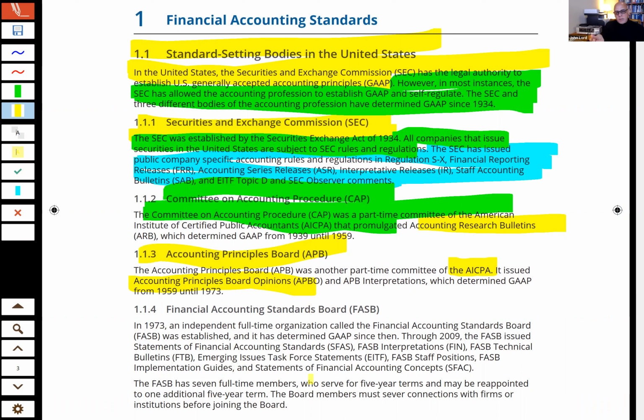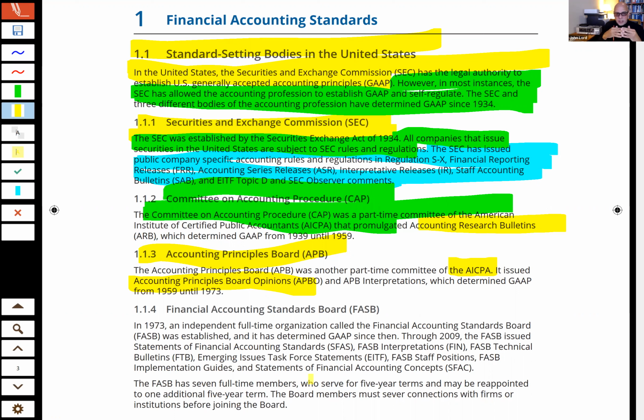Around 1972, they formed a committee called the Wheat Committee, and its whole job was to look at the standard setting process and see if any changes needed to be made. Wheat was the name of the chairman. The committee said it's a problem that the AICPA, an organization made up of CPAs who receive their revenues from the companies they audit, has a conflict of interest.